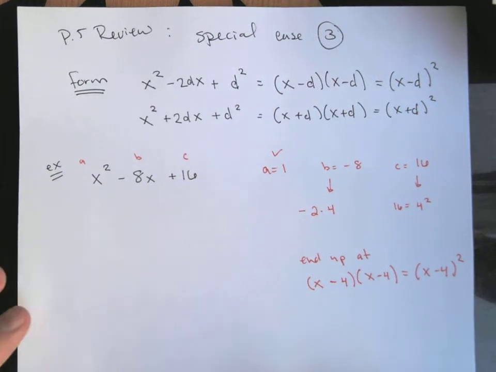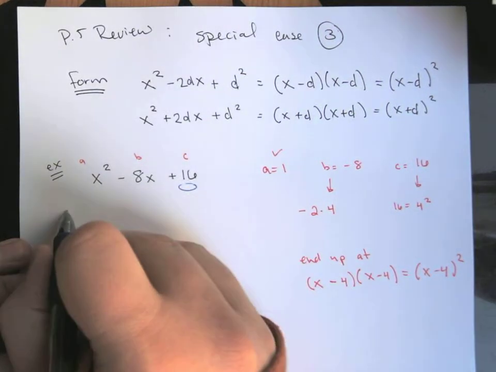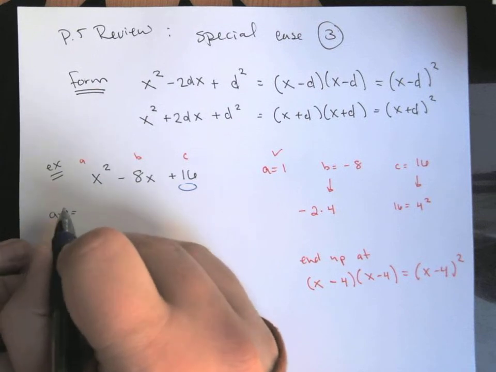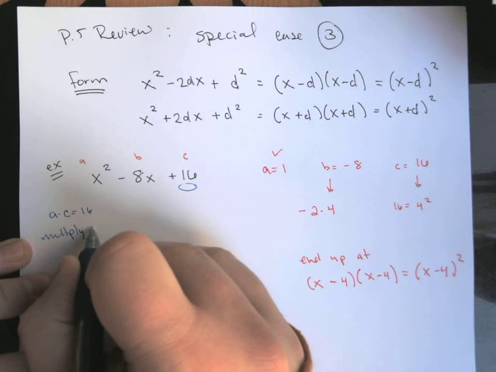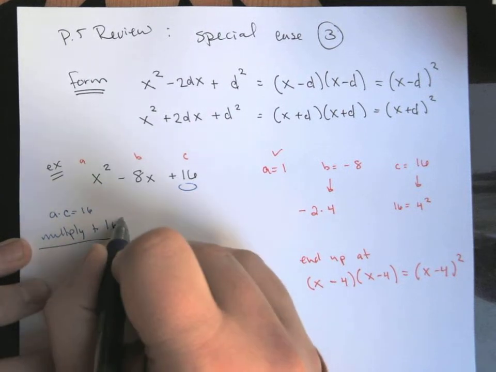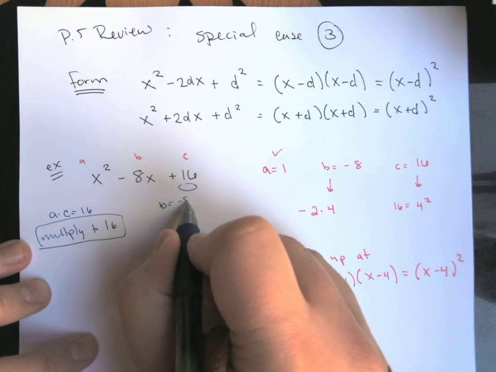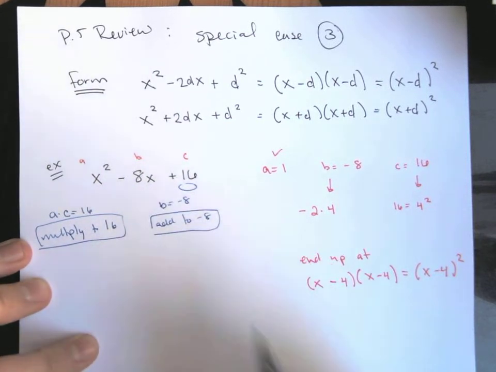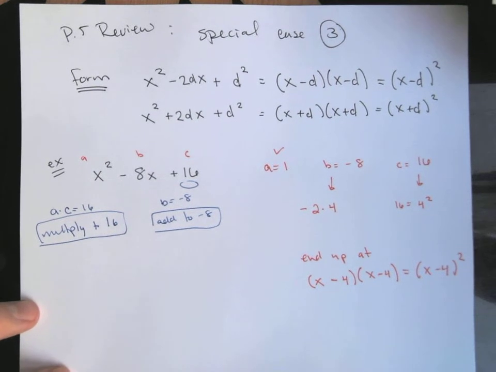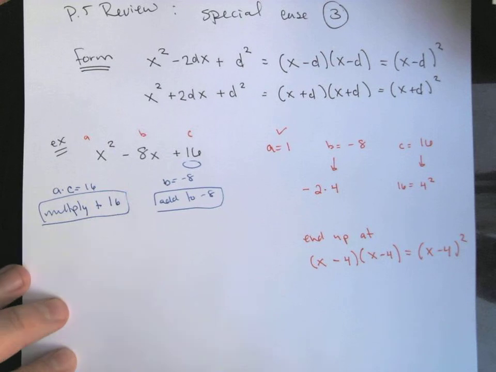Let's try to justify this for a minute. Let's see if we can work our way through it. So C is 16, A is 1, so A times C is 16, multiply to 16, our B value is minus 8, we got to add to minus 8. The place where I'm going to skip a couple steps and jump ahead is not listing all the possibilities here.